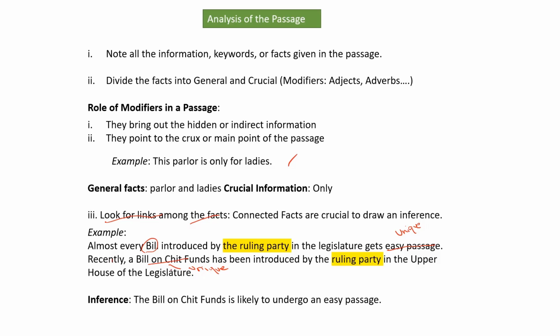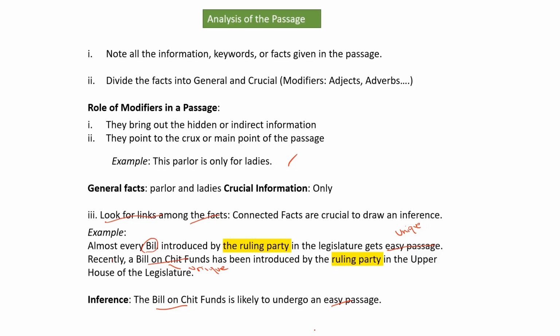But the ruling party is a connection, it's a bridge between the two unique facts, right? That means the inference is about a new bill, that is a bill on chit funds, right? So look at the inference. The bill on chit funds is likely to undergo an easy passage. Clear?